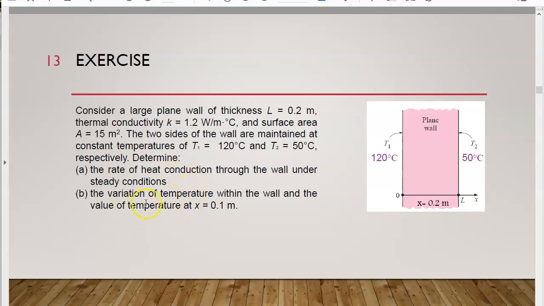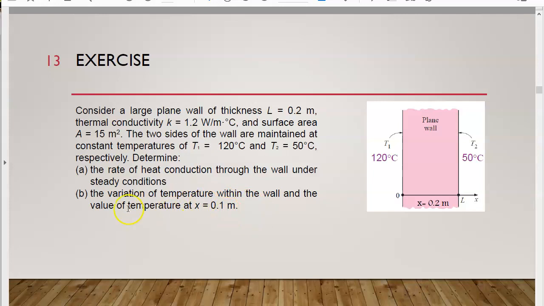Then the variation of temperature across the wall. Change the wall thickness to 0.1. If you change the value to 0.1, what happens to the dT? What happens to the variation of temperature? Here you need to find dT, assuming that Q is the same.